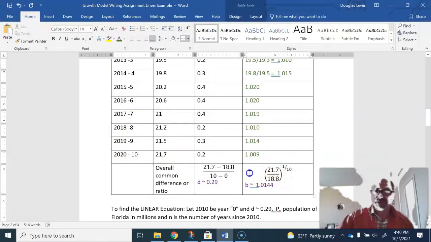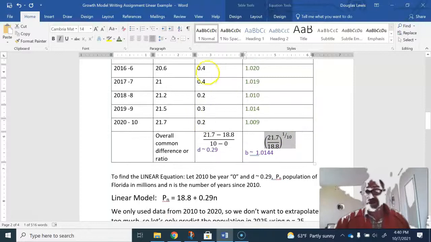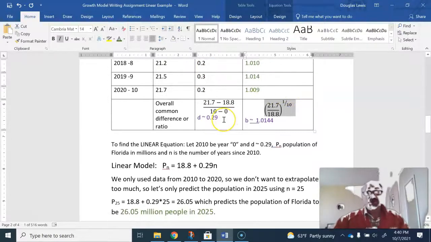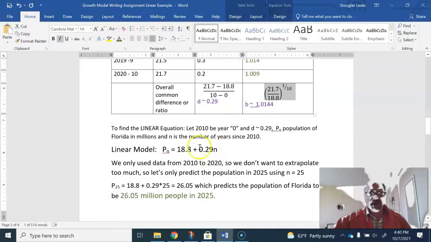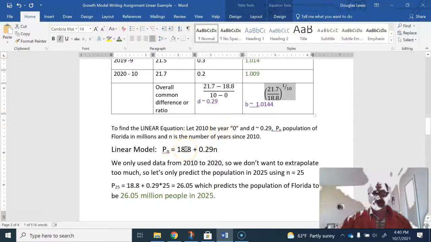So I'm not going to use this because I already saw it looked very linear, and the differences are more consistent than the ratios. So I'm going to use 0.29 as my D value, and remember that's P sub 0 plus D times N, my linear model. So I let 18.8 be my P sub 0.